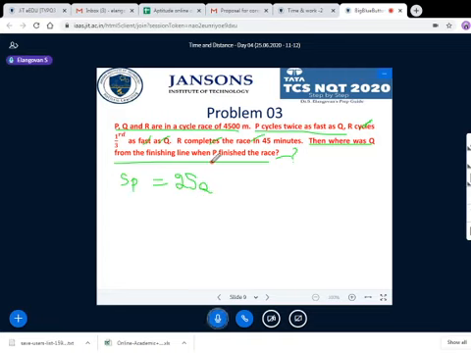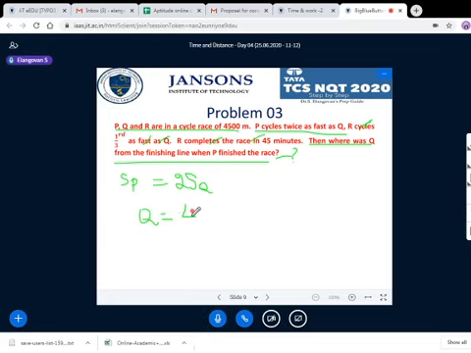Now P finishes the race. So P has covered 4,500 meters. By that time Q would have covered only half of this distance.